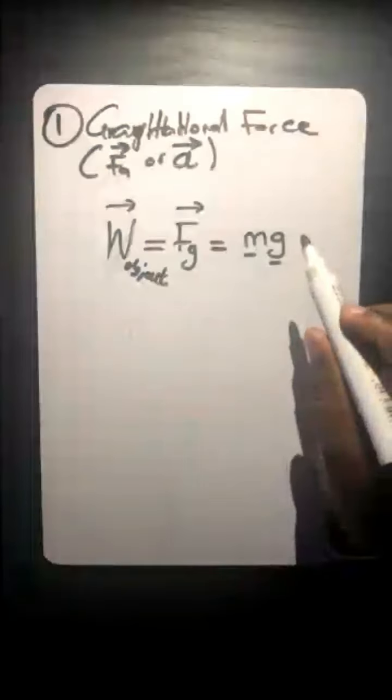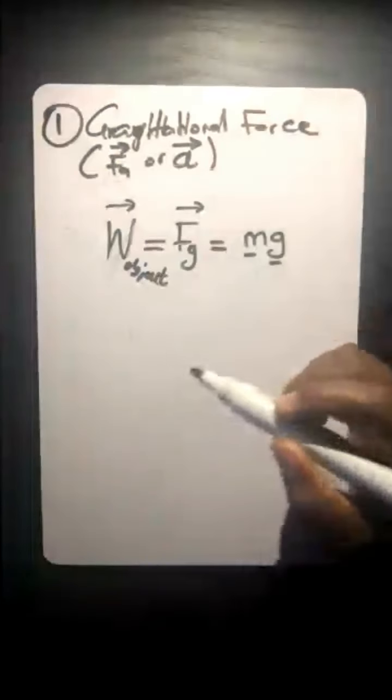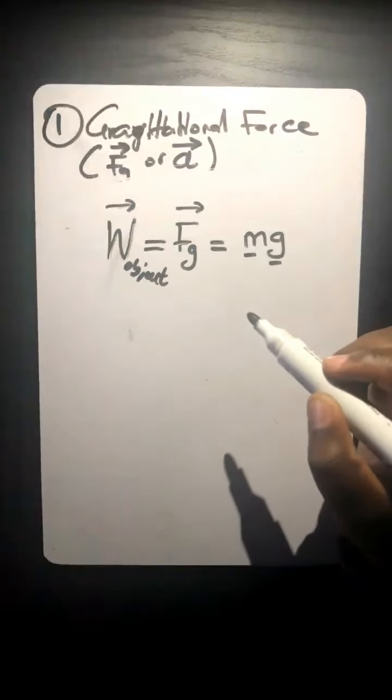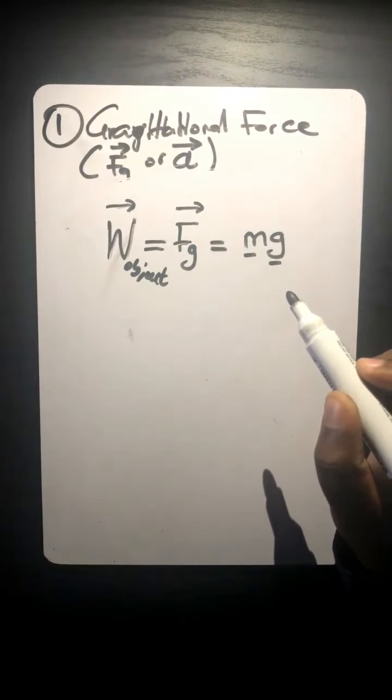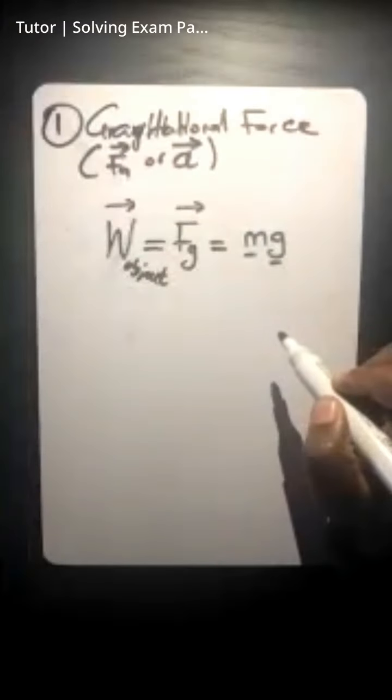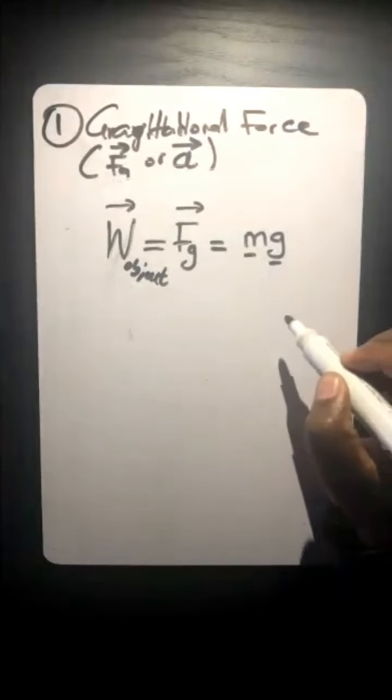As I talk, I try by all means to mention this physics terminology so that when we get to question papers, it's easy to understand the question. So you don't get confused by words like magnitude, quantities, whatever. Just make sure to mention those as we proceed with our lesson.